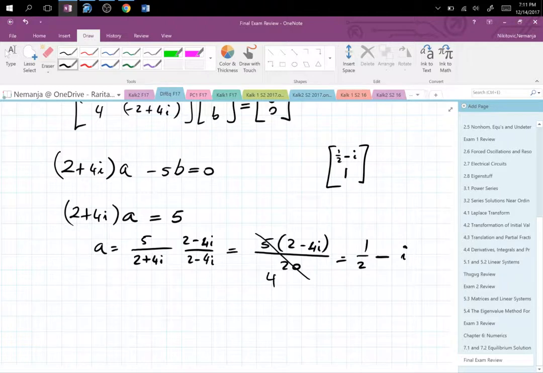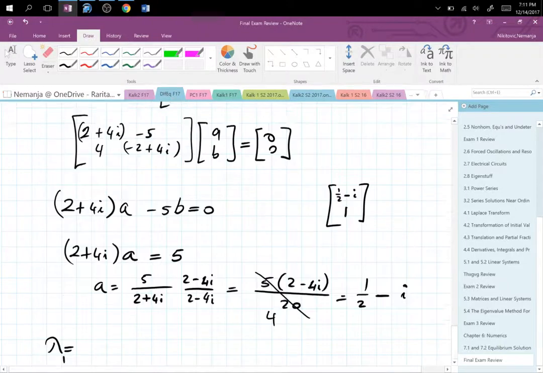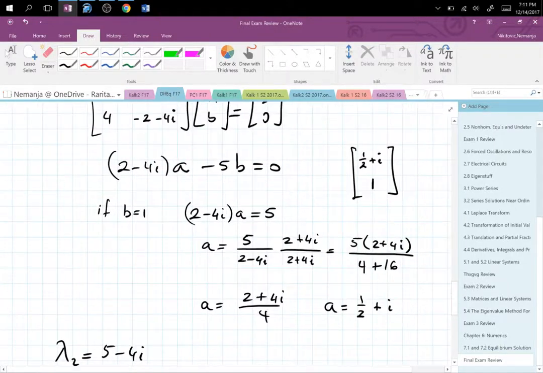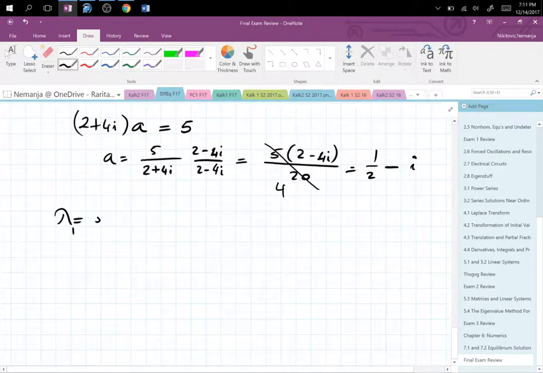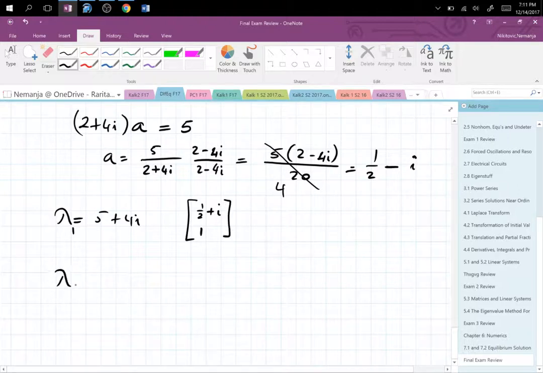So now we have the second eigenpair, and we can set up the solution. We have that lambda 1 is 5 plus 4i with the associated eigenvector 1/2 plus i, 1, and then lambda 2 is 5 minus 4i with the associated vector 1/2 minus i, 1.